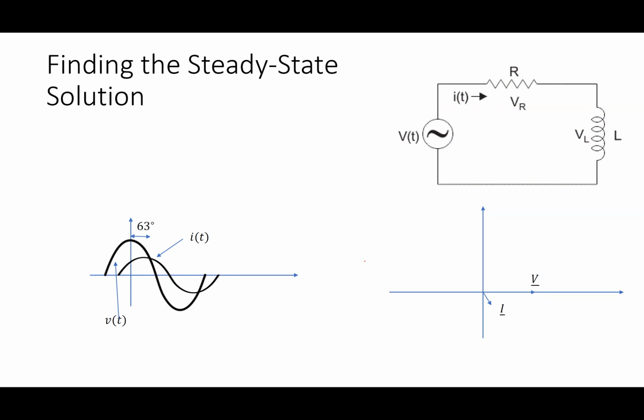If your voltage was over here, then your current would be somewhere over there too, right? But we typically don't give you a voltage with an angle of 300 degrees, or usually we give a voltage with an angle of 0 or something like that, right?